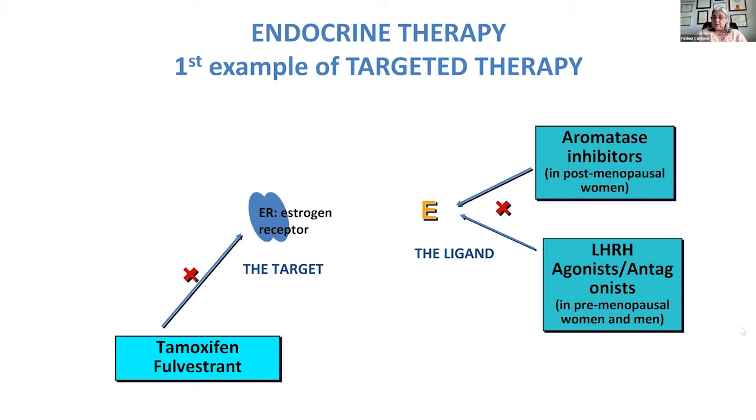After menopause, when the ovaries are no longer producing hormones, the hormones are produced in the liver and in the fat tissue through an enzyme called aromatase. And so the best and most efficacious way to decrease the production of hormones is to block this aromatase with the aromatase inhibitors. Okay, so these are the most important types of treatment for this subtype.